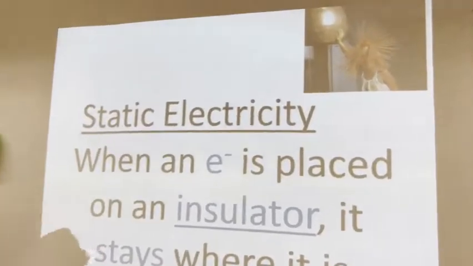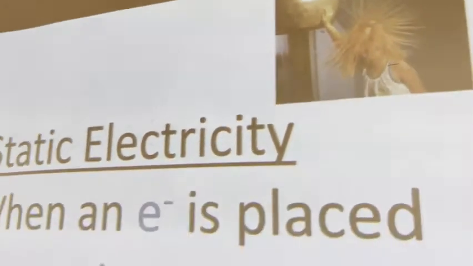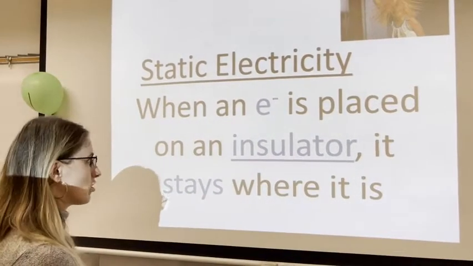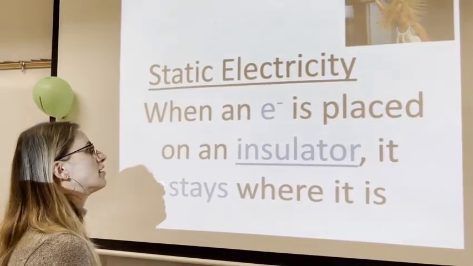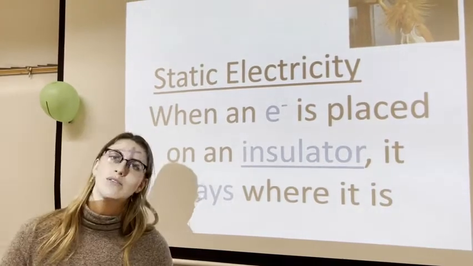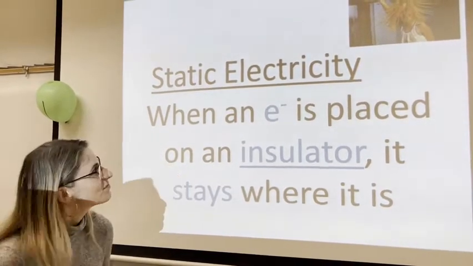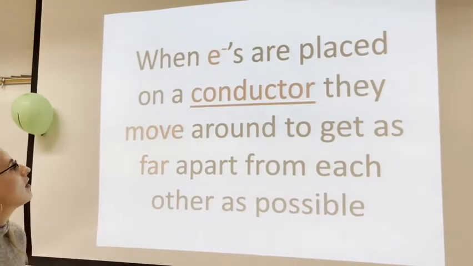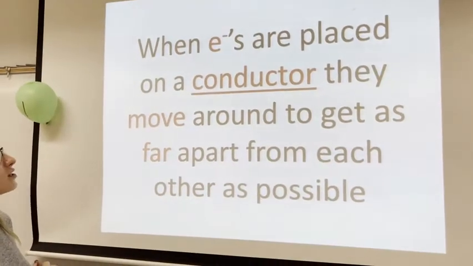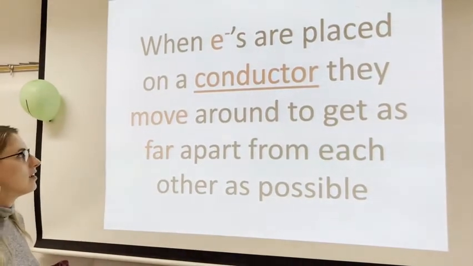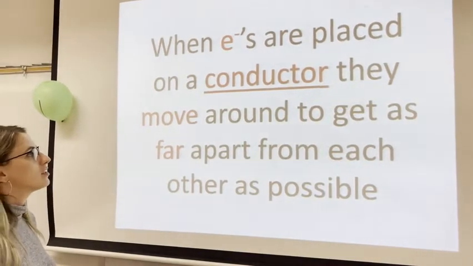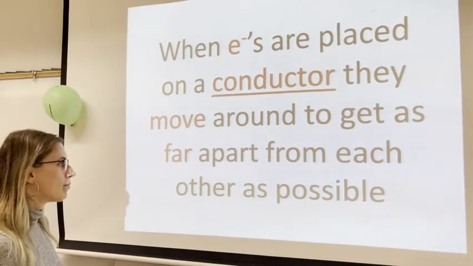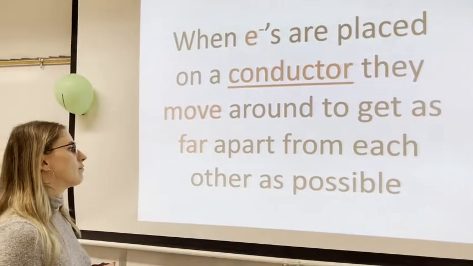Let's talk about static electricity. So what the heck is it? When an electron is placed on an insulator, it stays where it is. However, when electrons are placed on a conductor, they move around to get as far apart as possible from each other.